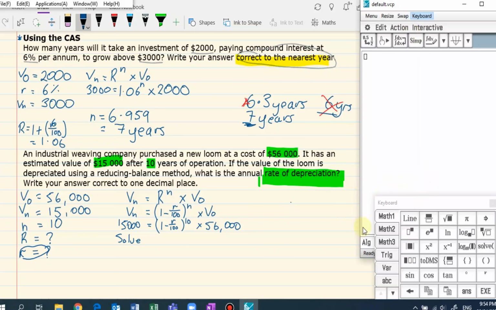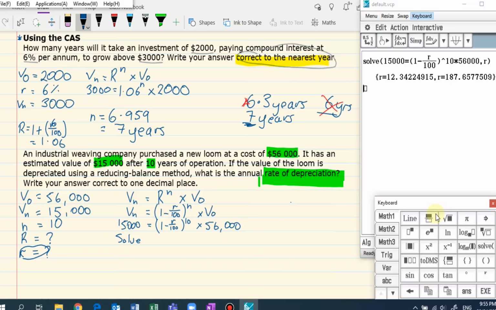And now we go into our solve function on the CAS. Punch it in over here. So solve 15,000 is equal to, pop this in brackets, 1 take r over 100, bracket, that is to the power of 10, multiplied by 56,000, and we're looking for r.